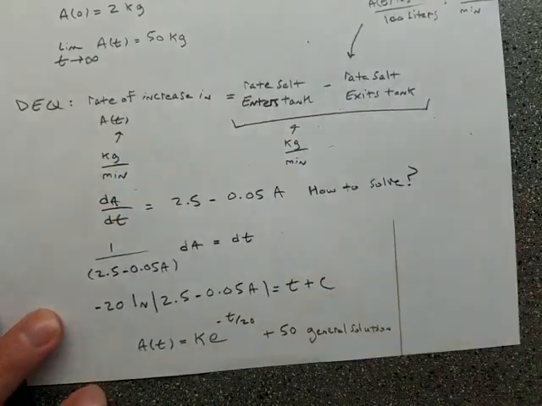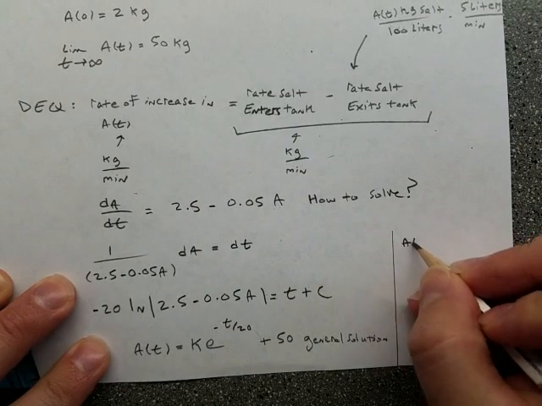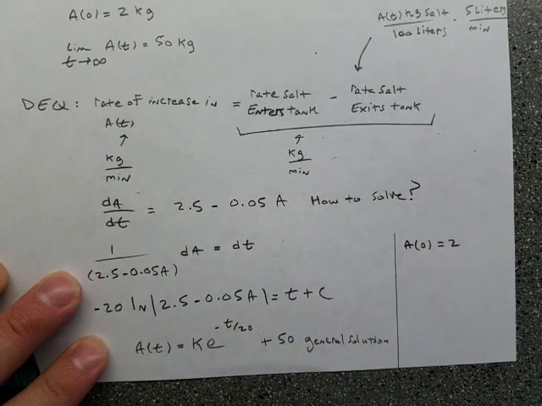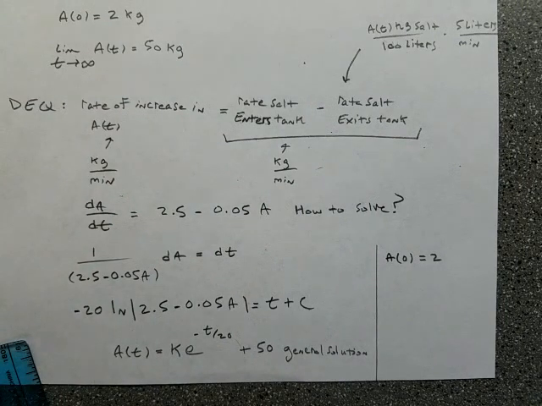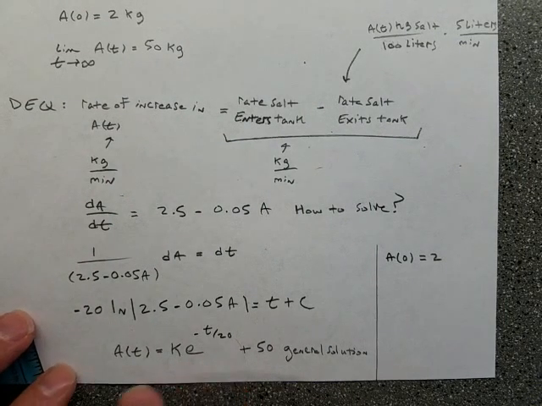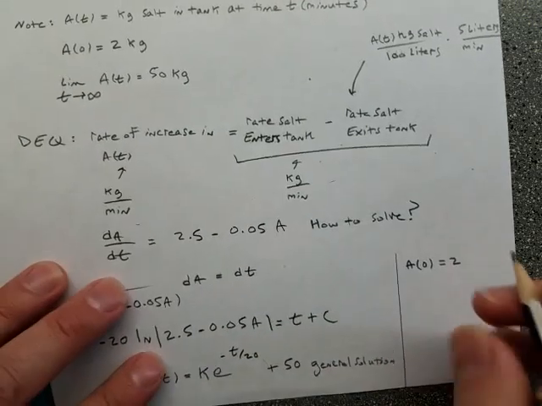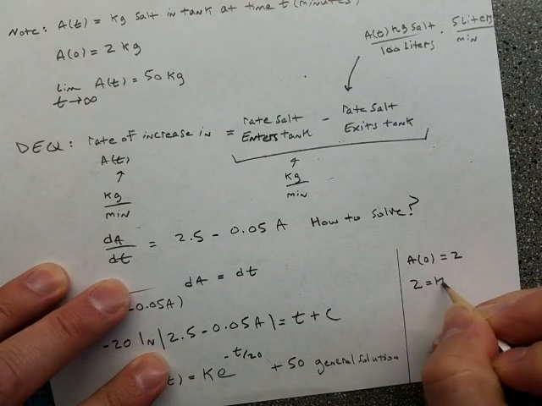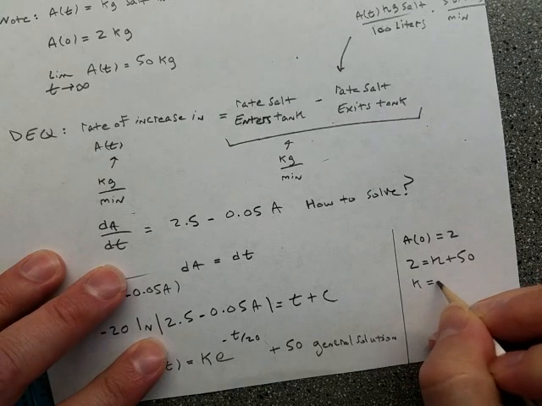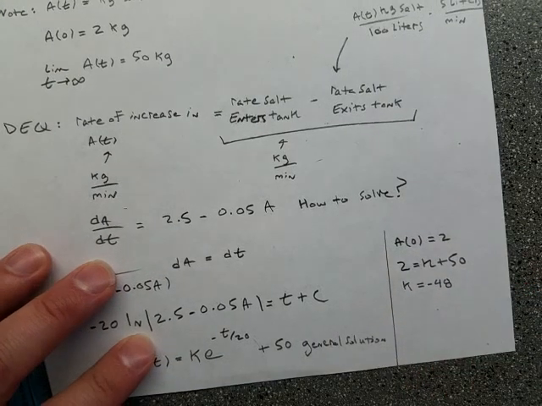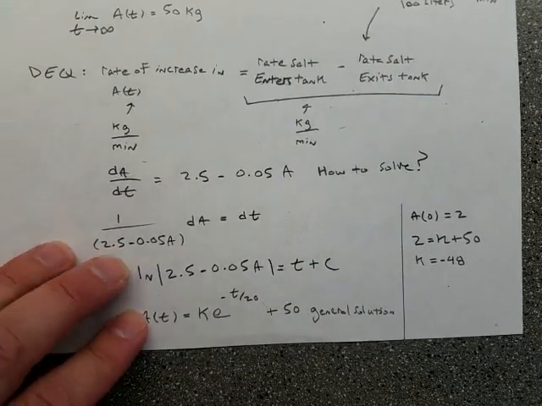To find the particular, which is our ultimate goal, I happen to know that a of 0 is 2, because it did say that we start with 2 kilograms of salt in the tank. And so that's going to be 2. That's going to be k plus 50. Then k has got to be negative 48.